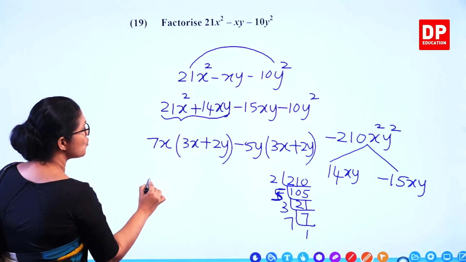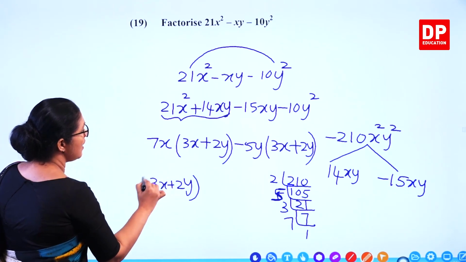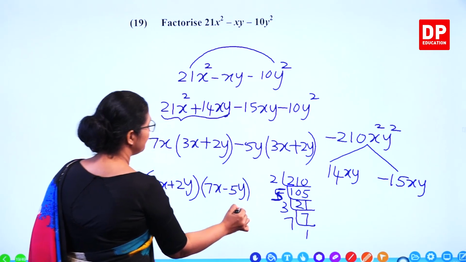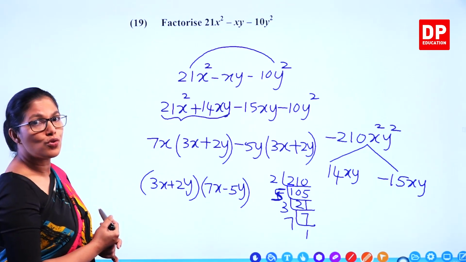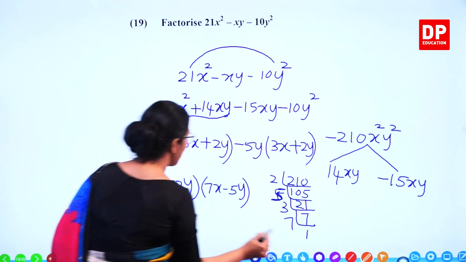Now 3x plus 2y is common. Take it out and you get 7x minus 5y. So those are the two factors. So you get 2 marks for that.